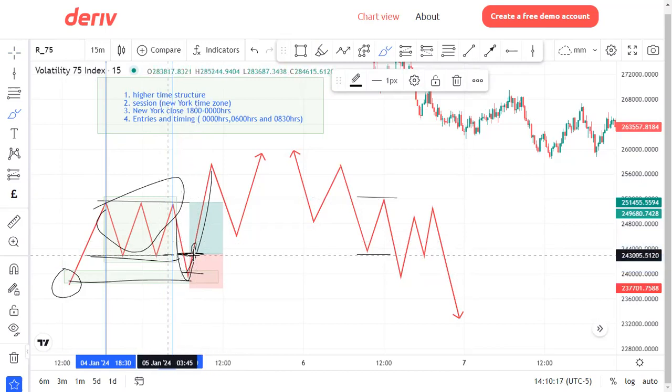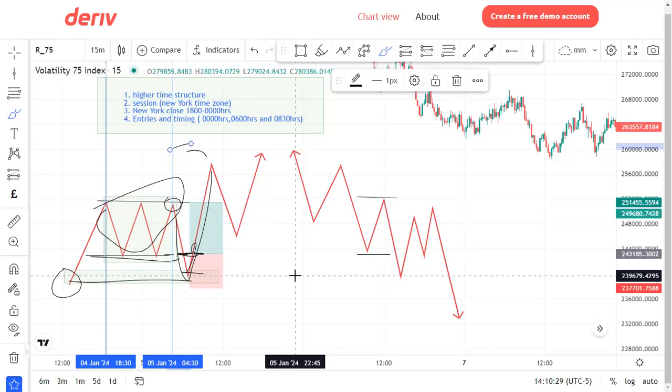Then you buy, put your stop loss below, then you target the next high. Don't target this high, target the next high. This strategy you trade every day. You get 1 or 2 trades per day. You will notice it is a highly profitable strategy if you follow it correctly.